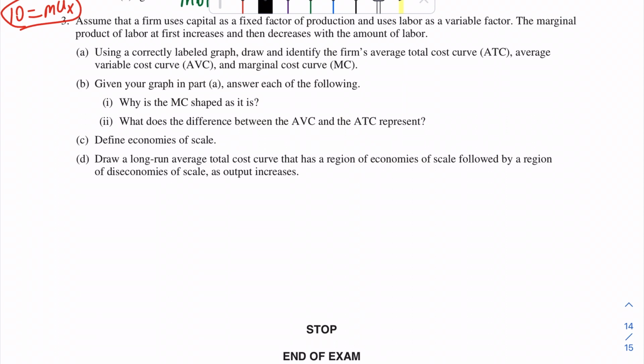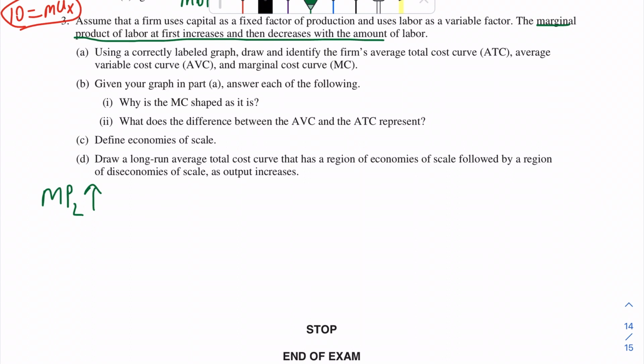A. Using a correctly labeled graph, draw and identify a firm's average total cost curve, average variable cost, and the marginal cost. So they told you that the marginal product at first increases and then decreases. If you are more productive, what happens to your cost?